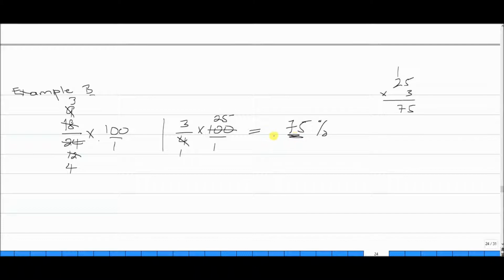That's how we end up with 75 over 1, which is the same as 75. And since we are finding percentages, our answer needs to be in percentage. So, to review example B, what percentage of one day is 18 hours? It would be 75%. So 18 hours of one day is 75% of a day.